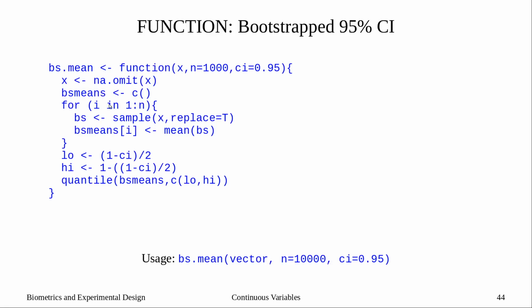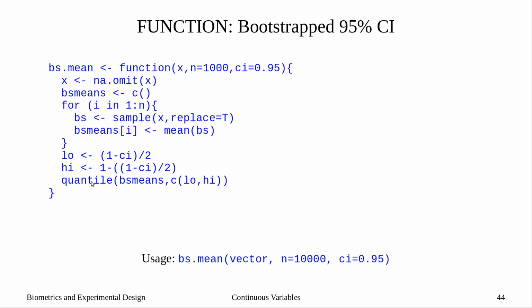Then we have our loop where we generate a bootstrap sample, calculate the mean, and save that mean in our bootstrapped vector. What we'll then do is take the quantile, but before that, we have to figure out what our lower and upper quantiles will be. Based on the 95% confidence interval, it'll automatically determine the lower and upper. So for 95, it's 2.5% and 97.5%.